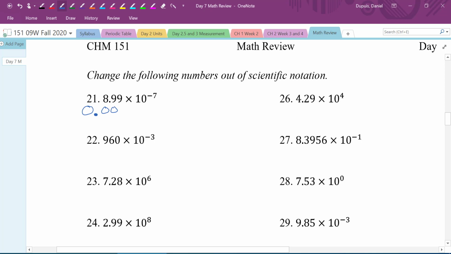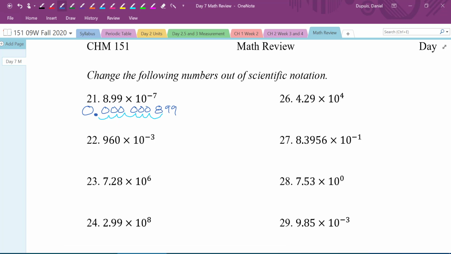I leave this little space so it's easier for me to count the zeros. So 1, 2, 3, 4, 5, 6. Just like that, right? I just got to make sure. 1, 2, 3, 4, 5, 6, 7. So that works.